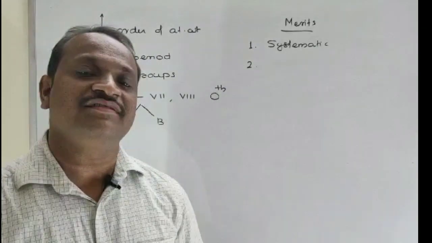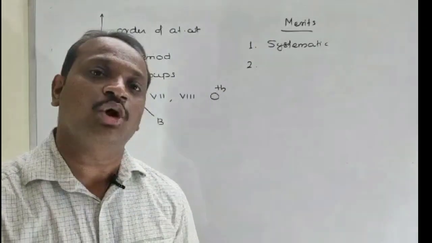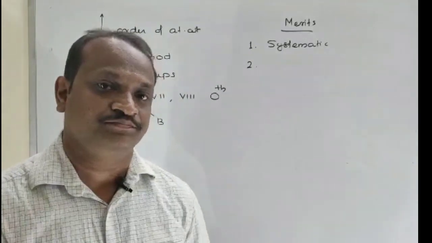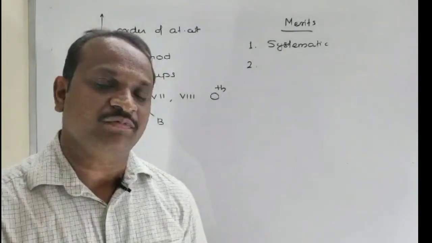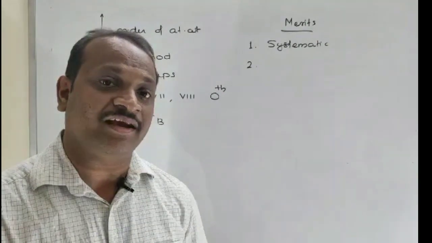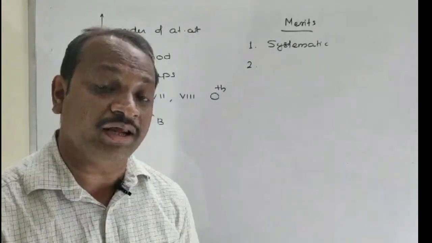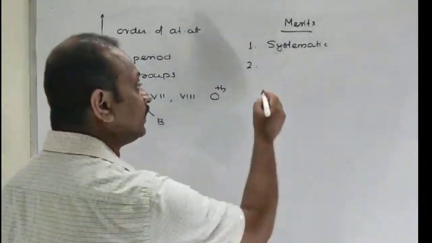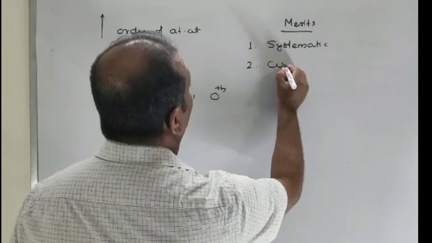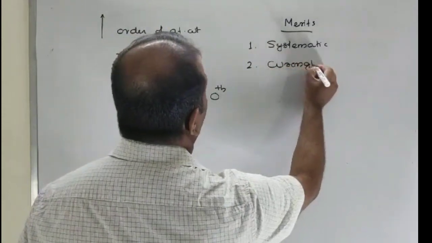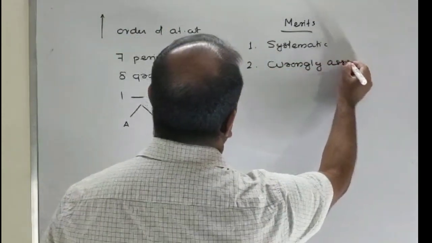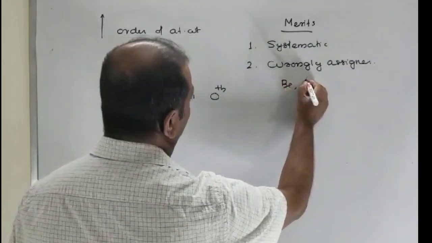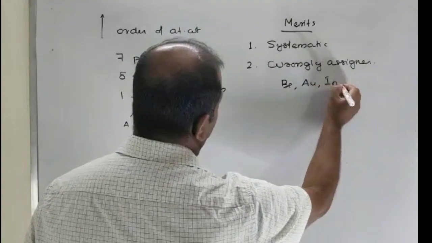When he arranged the elements in the order of property, he could see that beryllium's position was not matching. By using this concept, he could correct the wrongly assigned atomic weights of certain elements, examples: beryllium, indium, gold, platinum.